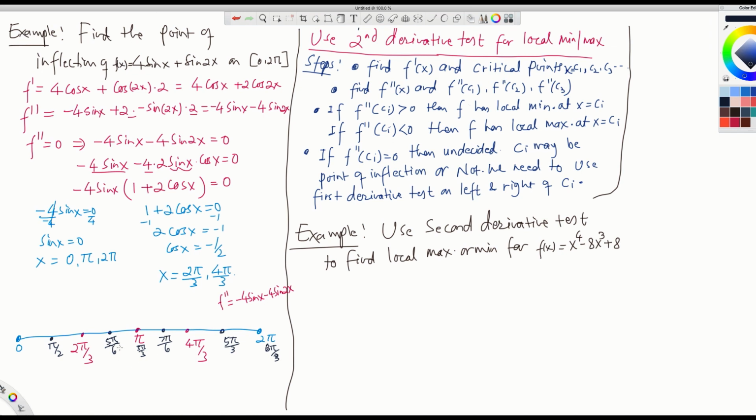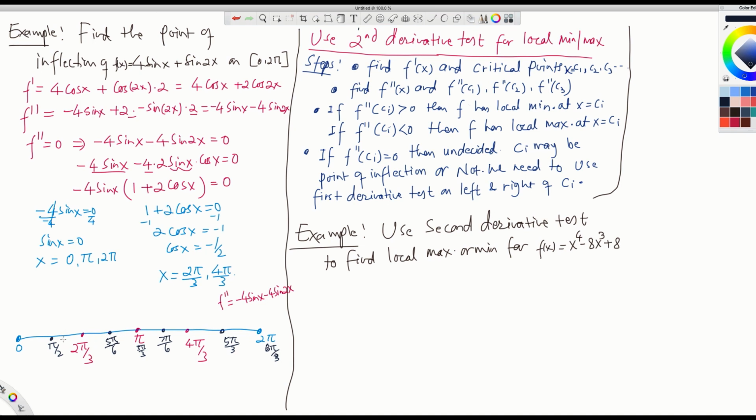So what I do next is plug in each test point in place of x and then check the sign. If I get positive, I will write plus plus plus. If I get negative, I will write minus minus minus, and then I will determine concave up, concave down, and points of inflection.